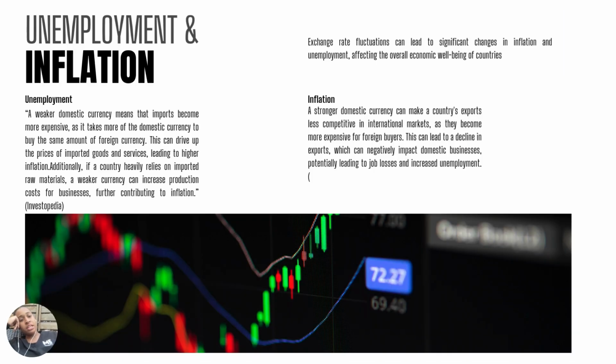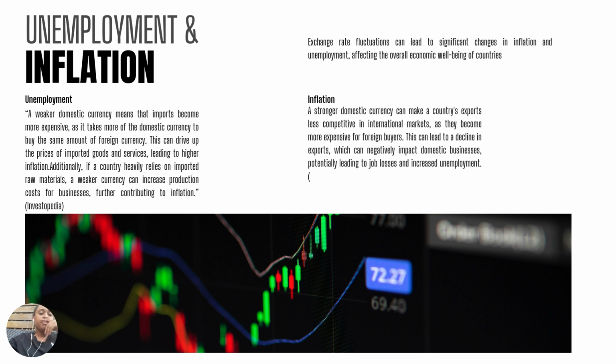Next, let's talk about unemployment and inflation. So unemployment is going to go up, and basically, an exchange rate fluctuation can significantly influence inflation and unemployment across different regions. And these are some real world examples illustrating the impacts.